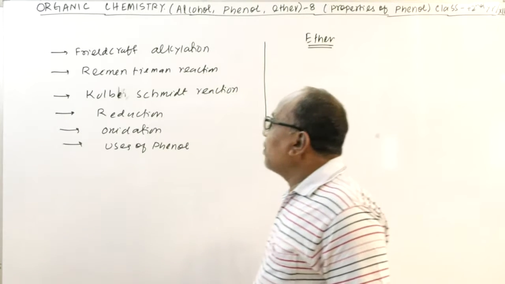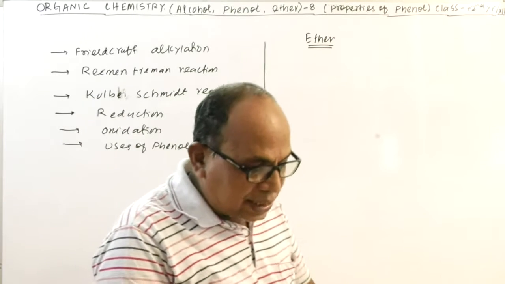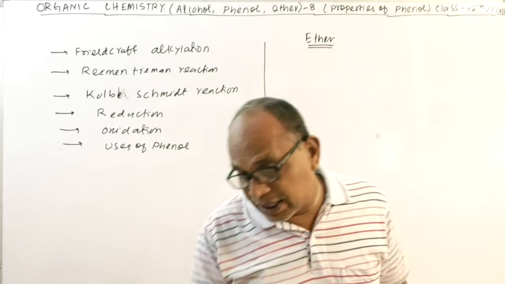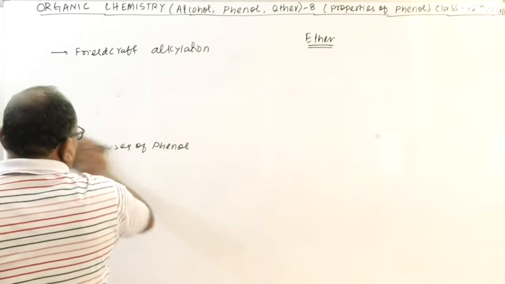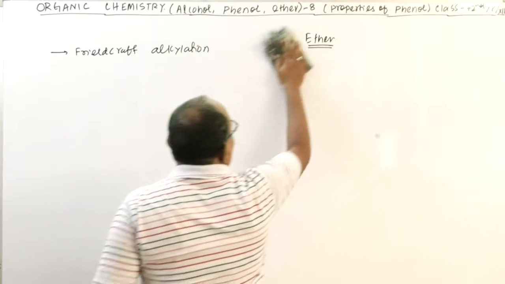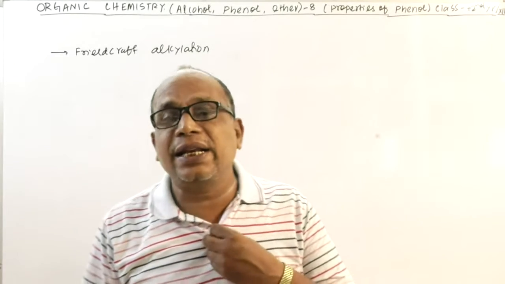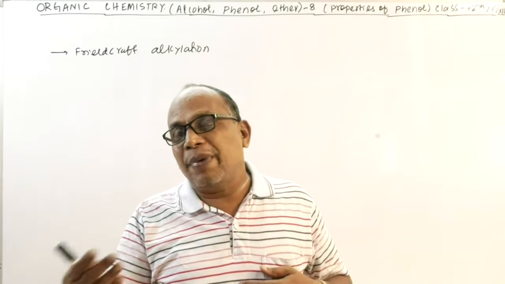Let us start one by one with the Friedel-Crafts reaction. Friedel-Crafts reactions are of two types: Friedel-Crafts alkylation and Friedel-Crafts acylation. In Friedel-Crafts alkylation, an alkyl group is inserted into the benzene ring either at the ortho position or the para position.